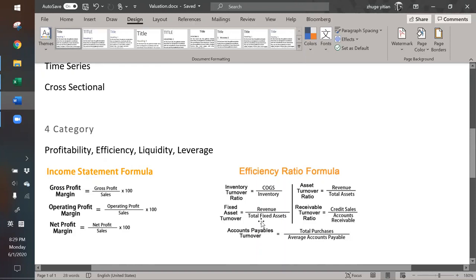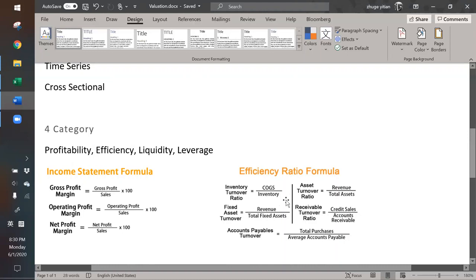We all know that the company has short-term assets, short-term liabilities, long-term assets, and long-term liabilities. And then it's common for us to first calculate the ratios for the working capital components, such as inventory, accounts receivable, and accounts payable. Take inventory as an example. The inventory turnover ratio tells us how many times the company has replaced and sold its inventory.